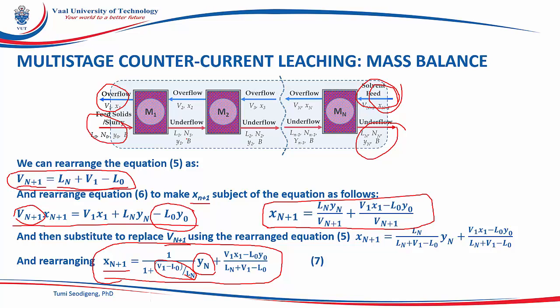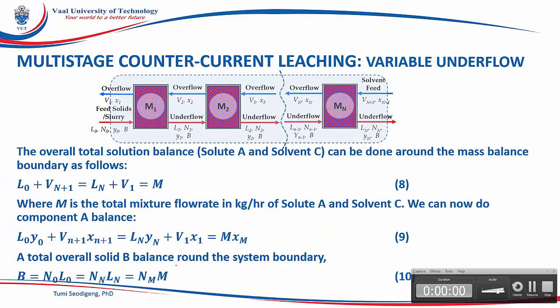This will result in a simplified stage-by-stage calculation. We are now going to look at the variable underflow, and then after we have looked at the variable underflow, we will look at the constant underflow.